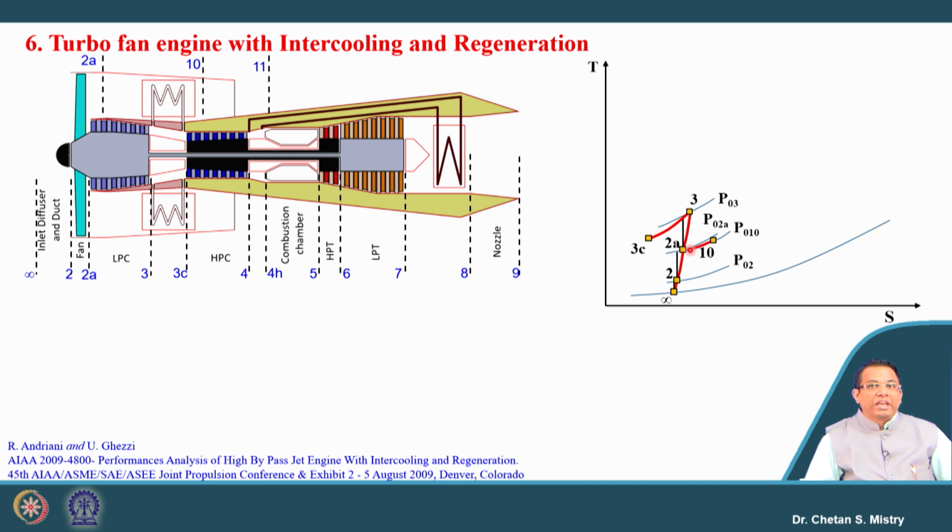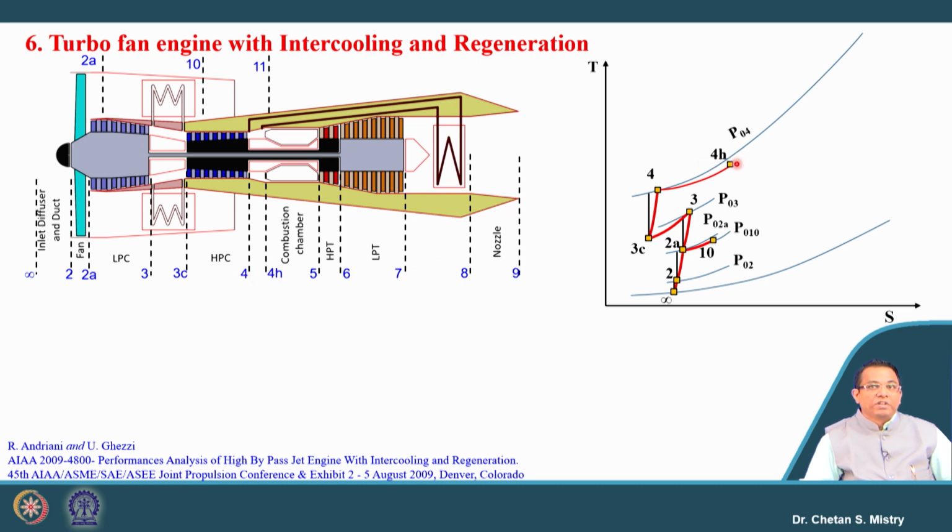Similarly, in the case of exhaust to the nozzle, my temperature will be lower and pressure will also be lower compared to my ideal process. 3C to 4 is representing HP compressor work. Since we are using a reheating process here, my inlet is represented from the process 4 to 4H.